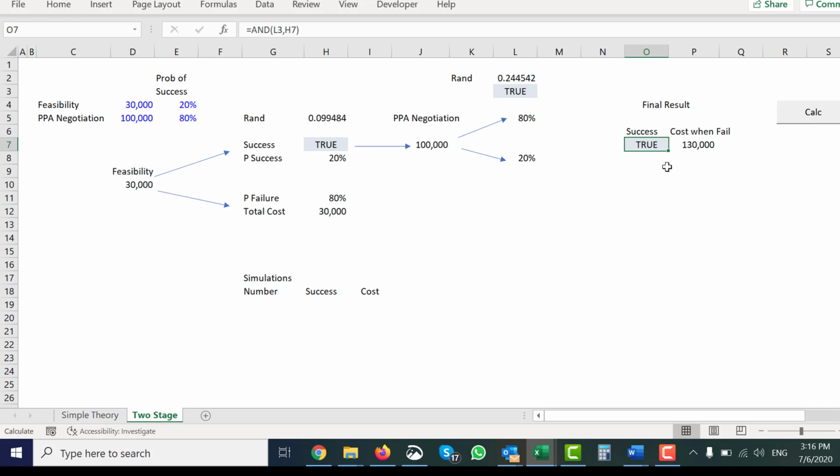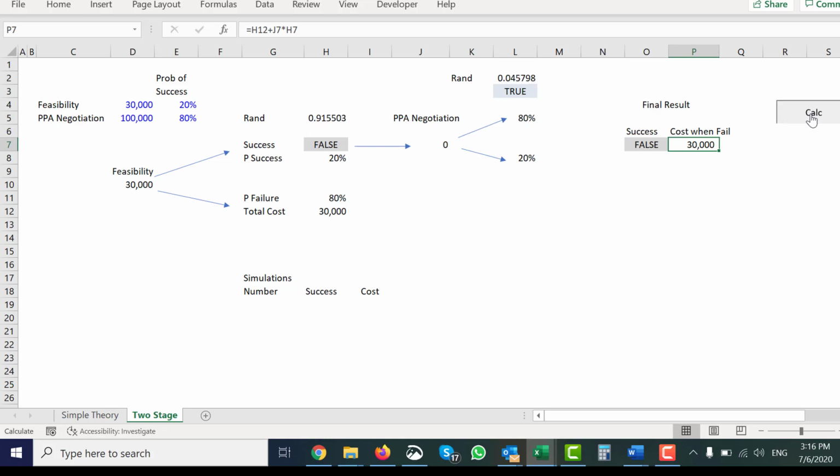There's another true. Okay, so we have this true up here. And when we have this true, we have to spend both the feasibility study money and the negotiation money. Okay, and if I keep going, this one, we only spent 30,000 when we failed. And this one, we spent 130,000 when we failed.